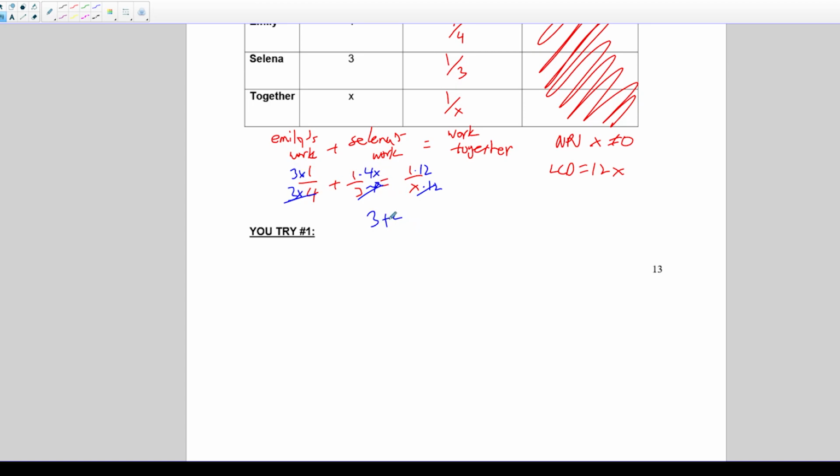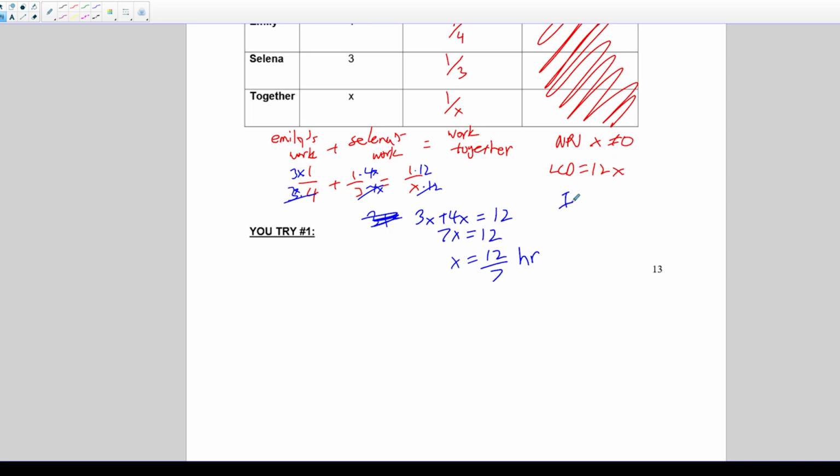Let's add those x's. Getting a little bit late, getting a little bit sleepy. 3x up top, 4x on the bottom there. So we have 3x plus 4x is equal to 12. So 7x is equal to 12. So x is equal to 12 over 7 hours.